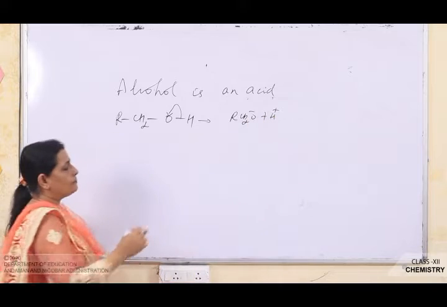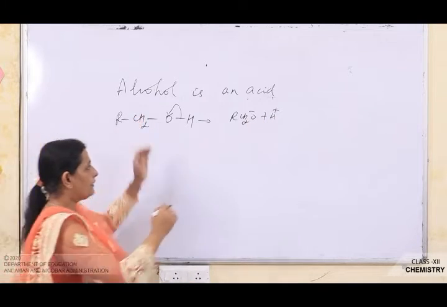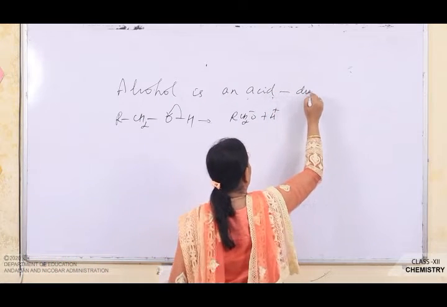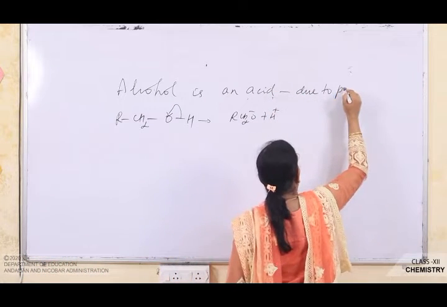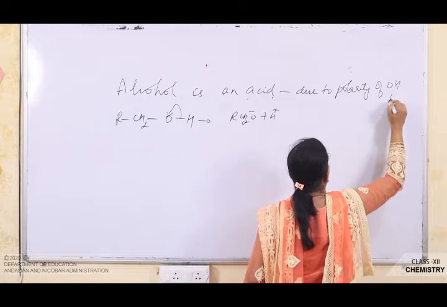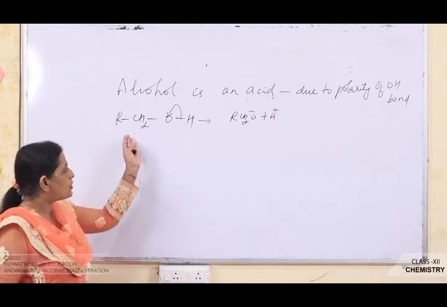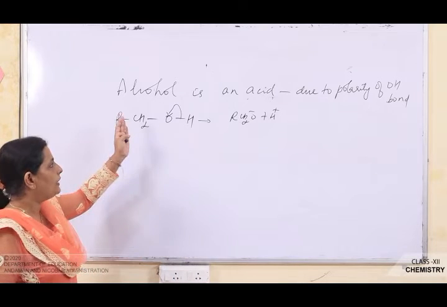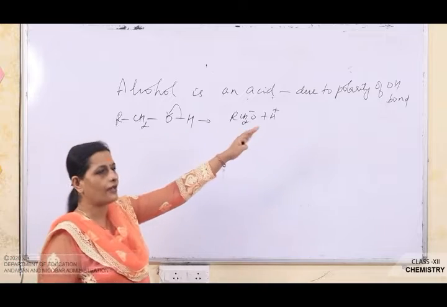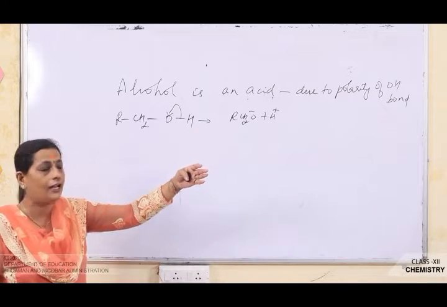So alcohols behave as an acid due to the polarity of the OH bond. Greater the polarity of the OH bond, stronger will be the acid. So greater the polarity of the OH bond, the acidic character will increase.